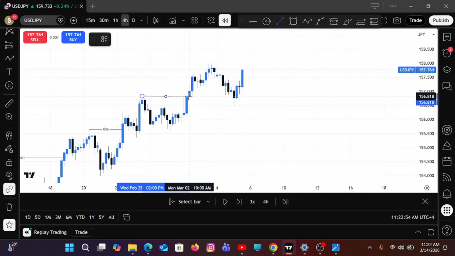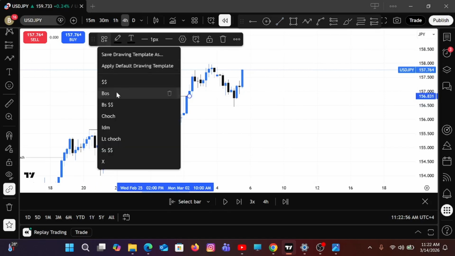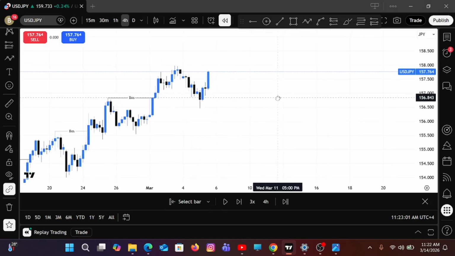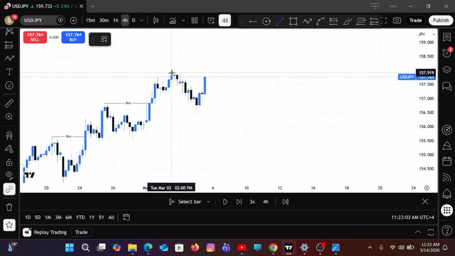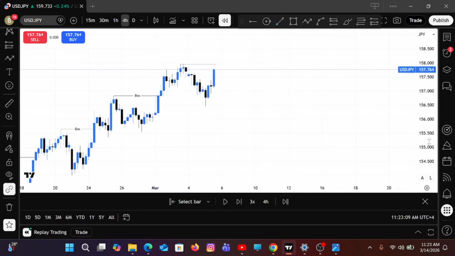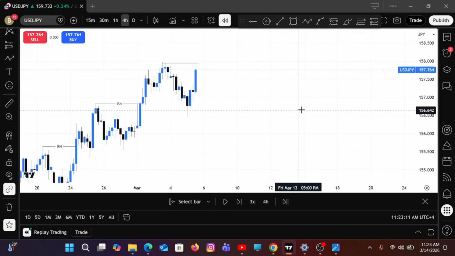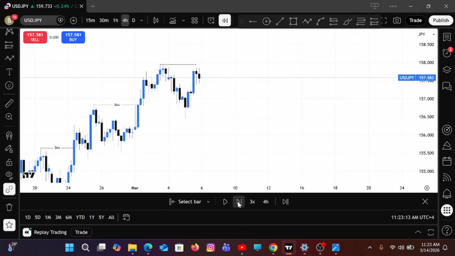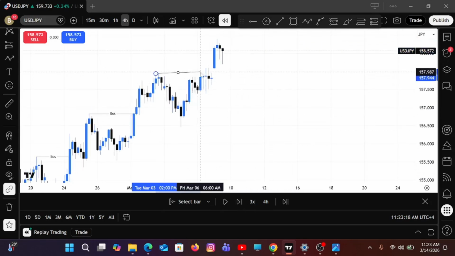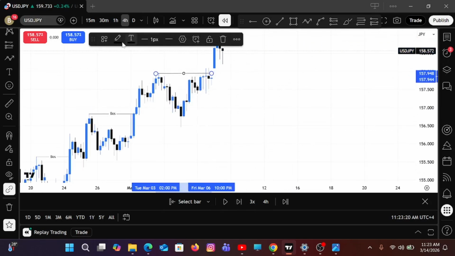Break of structure. And this is the recent high the market created. That gave us another break of structure to the upside.